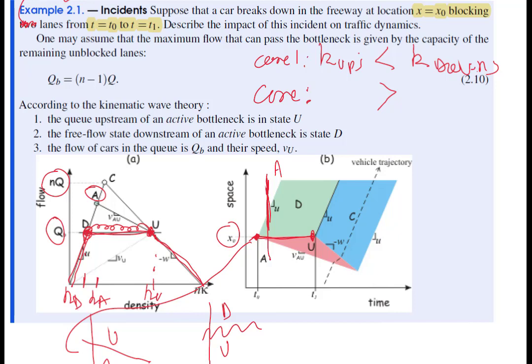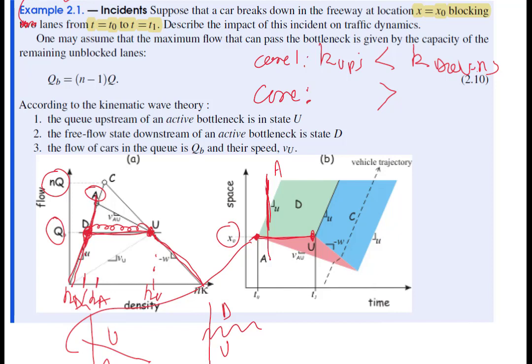So now KD is upstream, and KA is downstream. So KD is less than KA, so it's going to be again a shock solution. Downstream density is larger.